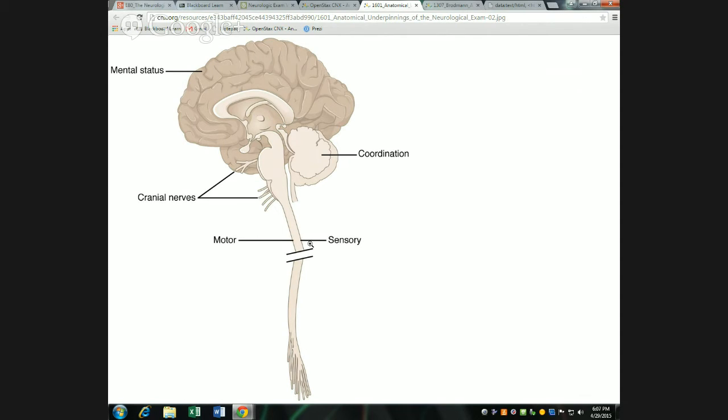So if somebody had something wrong with their cerebrum, they would fail a field sobriety test? Cerebellum. They would fail it as if they were drunk? You're oversimplifying things. The things we associate with being drunk are things that are part of the coordination exam. But if somebody has neurological deficits of the cerebellum resulting in coordination deficits, it's probably not going to present the same way as somebody being drunk.